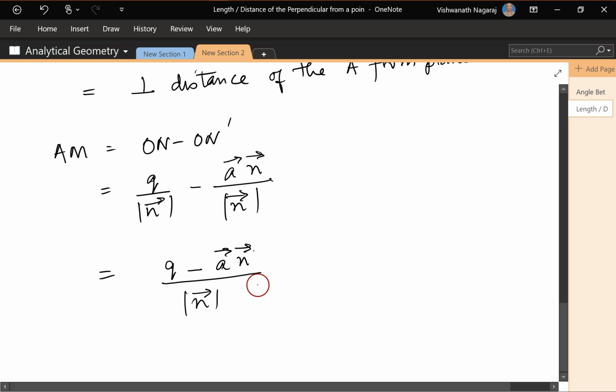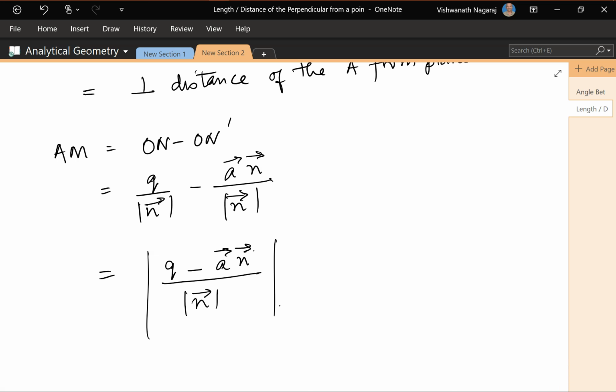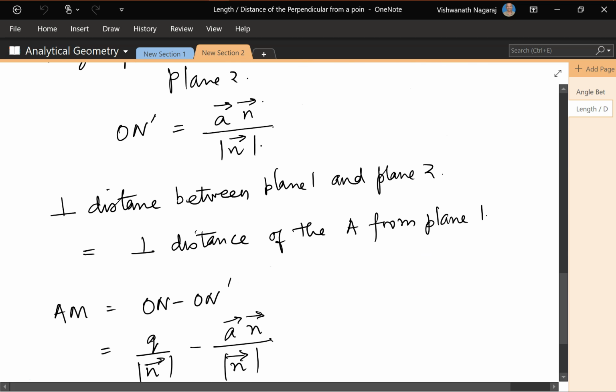And to make sure that it always comes out positive, because we are talking of distance which has to be positive, let's take the magnitude of the entire thing. So this is the equation for figuring out the distance between a plane and a point not on the plane.